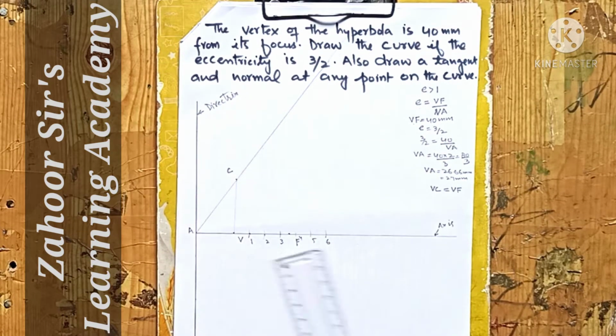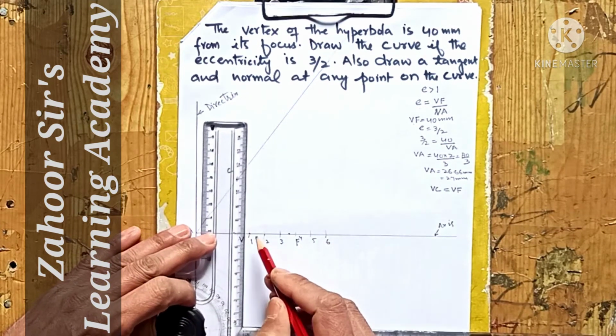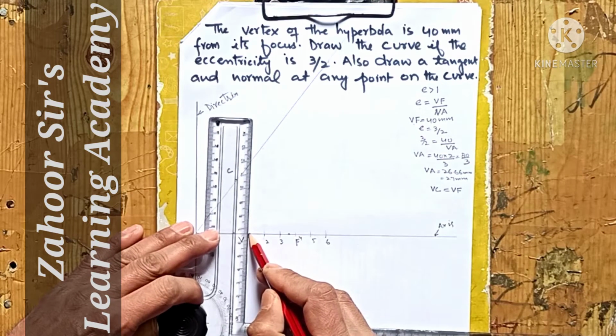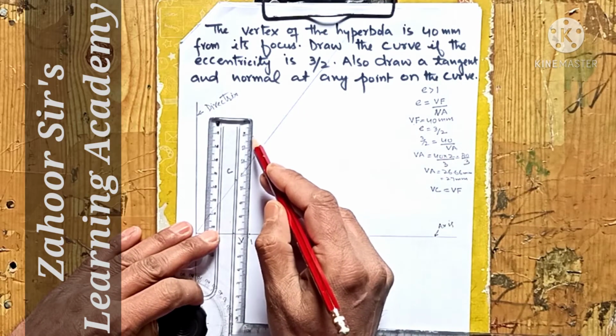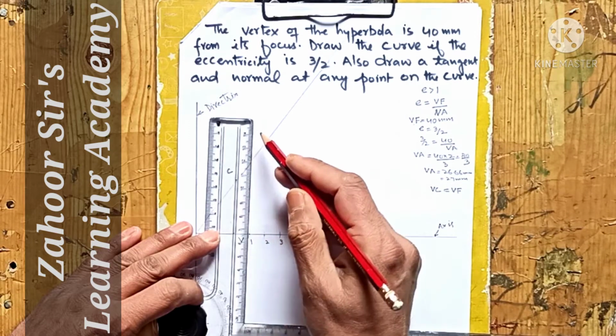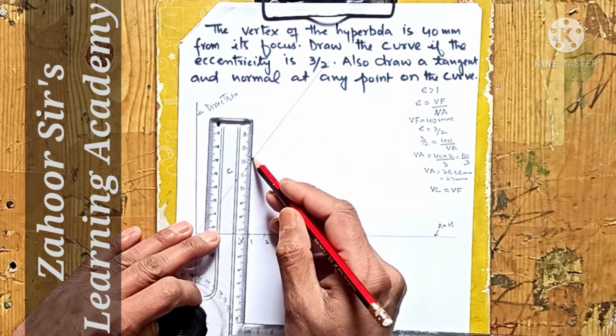After cutting these points, I will draw the vertical lines from these points, and those vertical lines should intersect this inclined line.